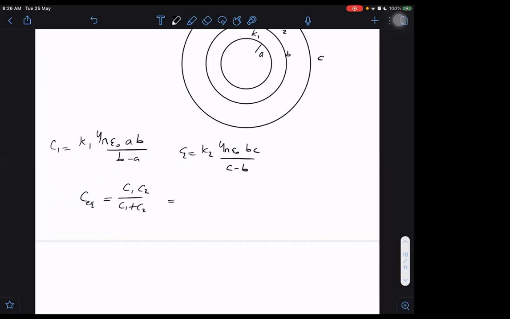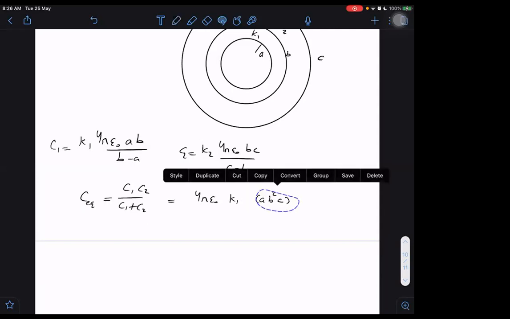What is it then? Or 1 by C1 plus 1 by C2, that is 1 upon (1 by C1 plus 1 by C2). That will be, I think, 4 pi epsilon naught taken common, and the other things will be K1 K2 A B square C and so on.